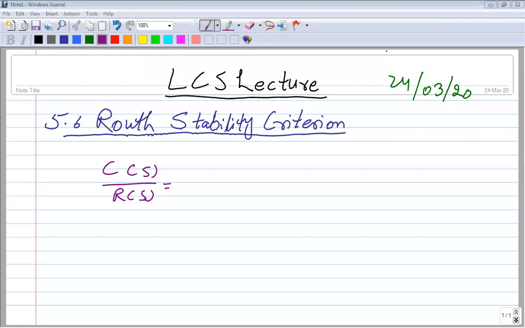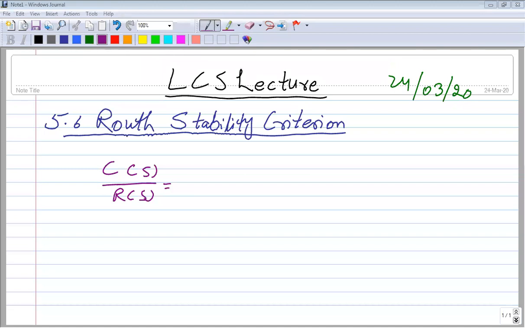Alright, so today we're going to learn about the Routh stability criteria. Routh stability is a very good way to identify the stability of a longer polynomial chain. For example, you have a polynomial which is not of quadratic form and whose degree is 3 or more.